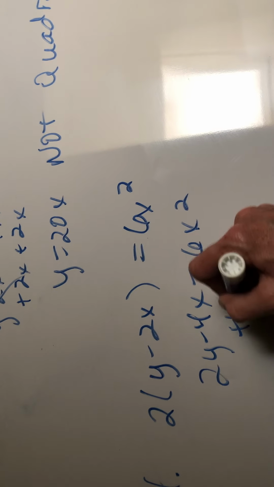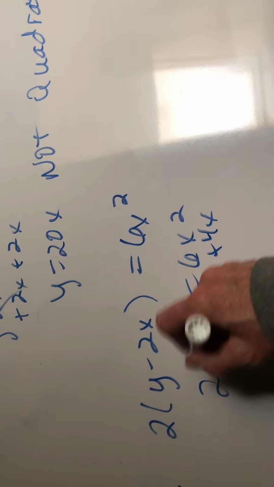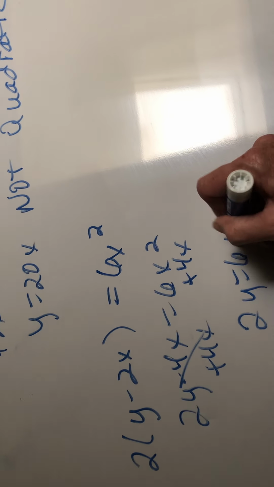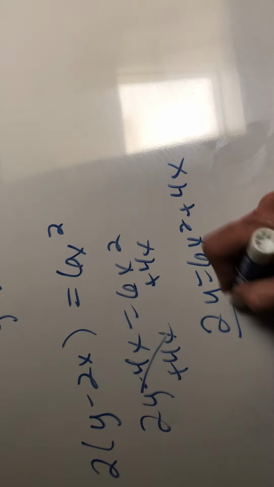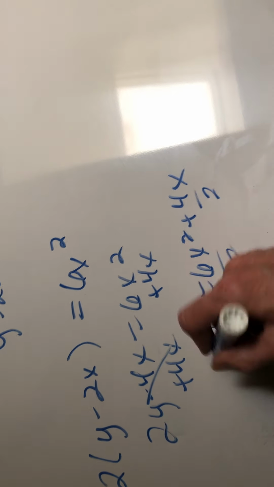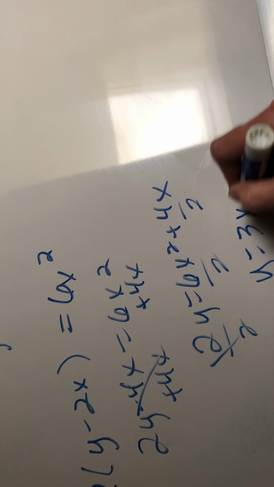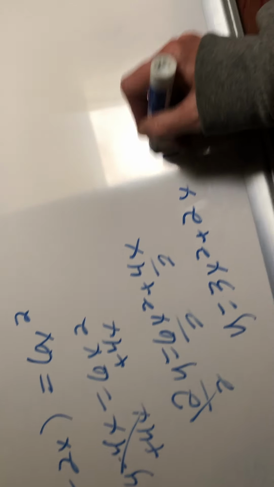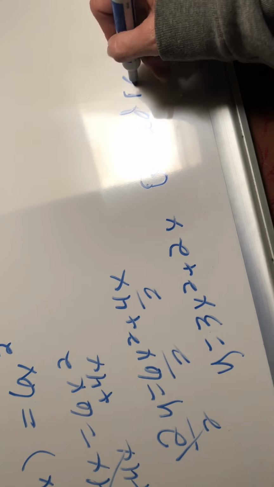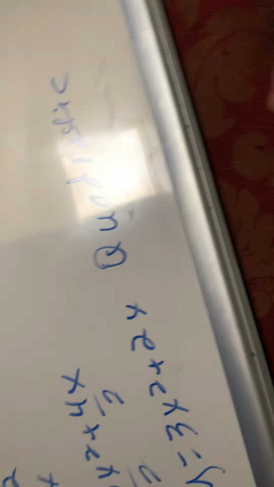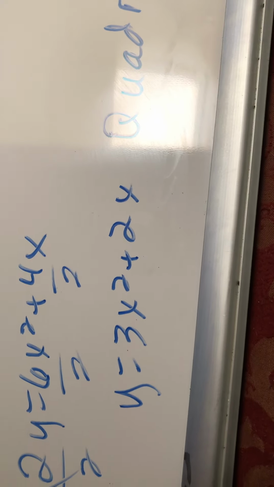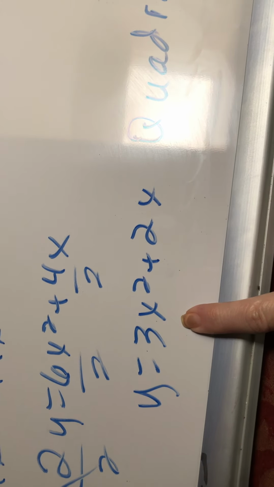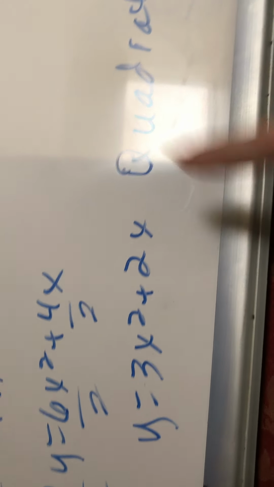Then we'd add 4x and get 2y equals 6x squared plus 4x. And then divide each piece by 2. So y equals 3x squared plus 2x. This is quadratic. Why? Because you've got an x squared. Sorry, I had a glare on that. It is quadratic because we have an x squared as the biggest exponent. So y equals 3x squared plus 2x. That is quadratic.